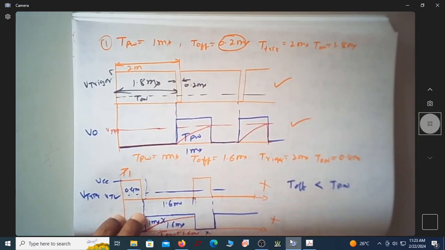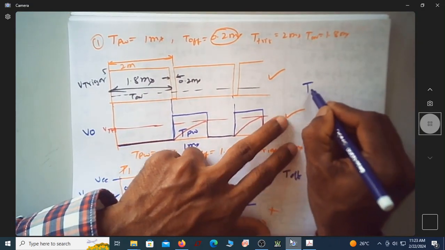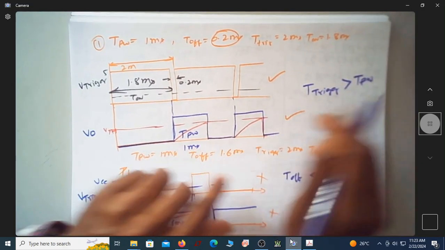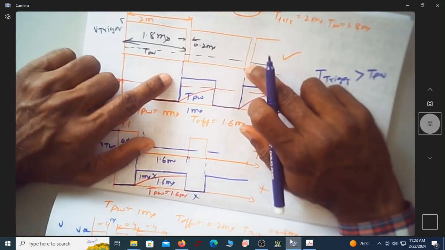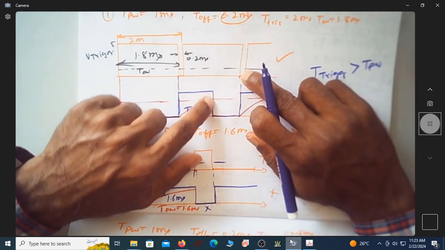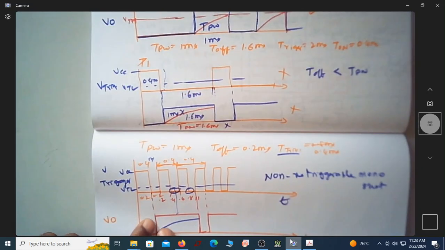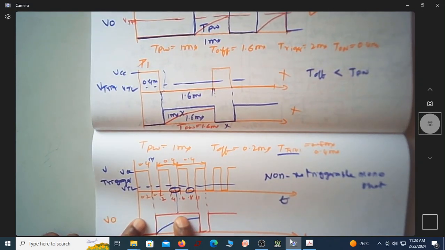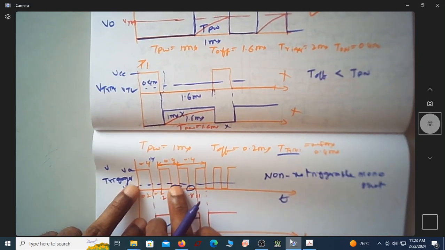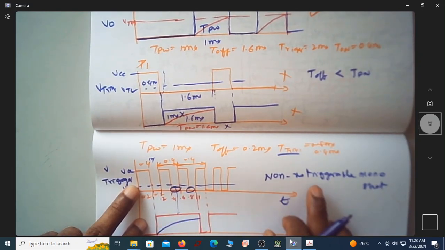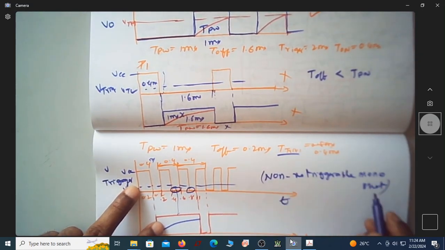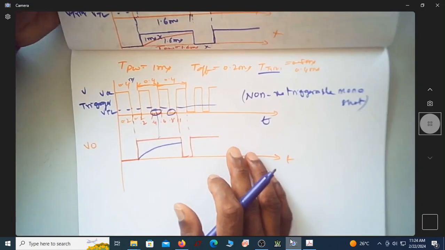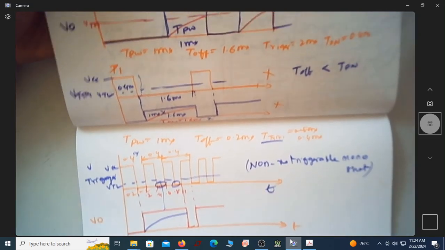Is this T of the trigger greater than T of the pulse width? Here you get the next trigger signal after this has ended. But here you get the trigger signals repeatedly before this time elapses. So these trigger signals will not be considered. That's what is called a non-retriggerable monoshot. So these are the three different cases.